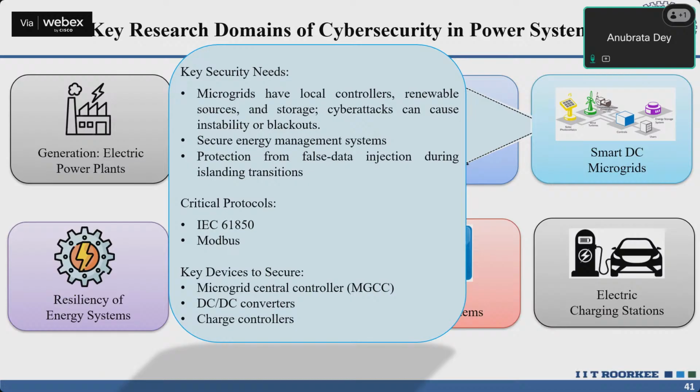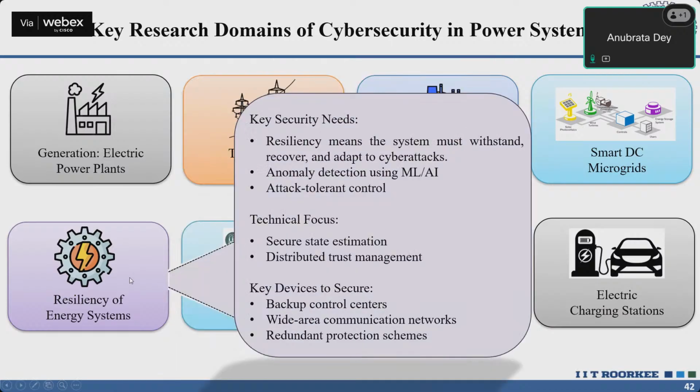And the key devices we need to secure are the microgrid controllers, central plus local controllers, DC to DC converters, and the charge controllers. So this comes under the microgrid part. Then we have the resiliency part of our main central system, where the servers and our main computers are there. So all the AI or ML or statistical based algorithms are installed there, so those servers also we need to secure.